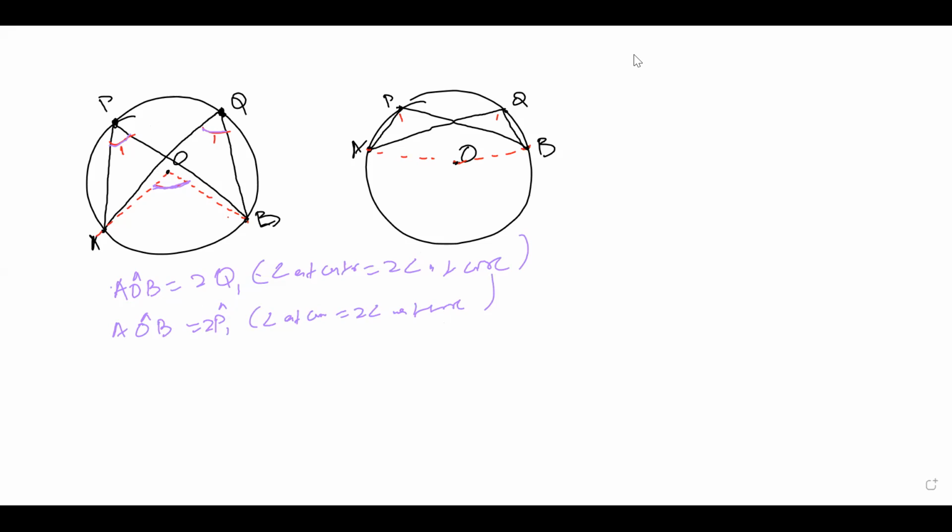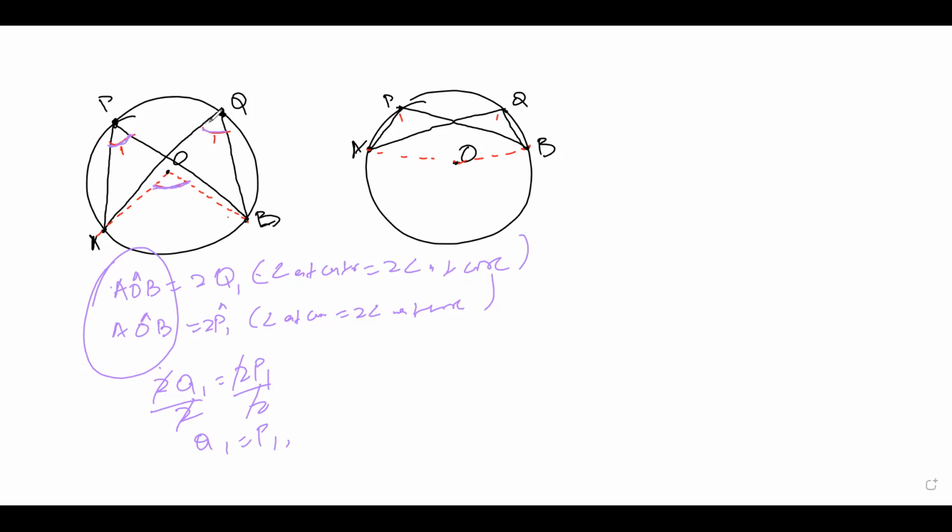Then what are they looking for? Can you see AOB, AOB? Those angles are equal. If it's the same angle, that means 2Q1 is equal to 2P1. If we divide by 2, the 2 cancels out. Therefore, Q1 equals P1. That is exactly what you were proving in Theorem 4.